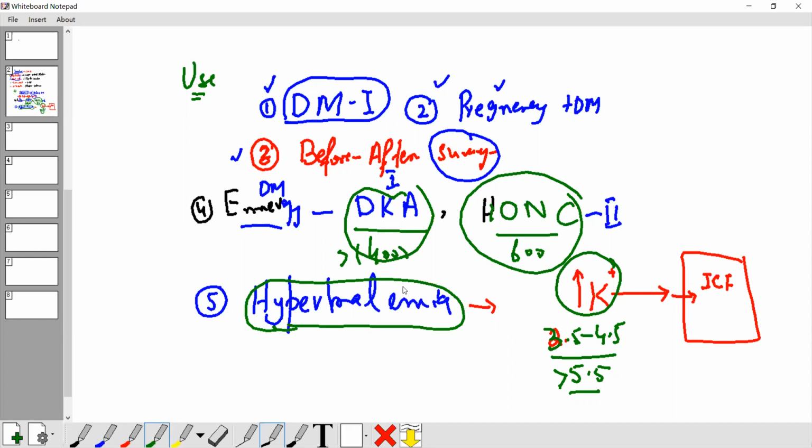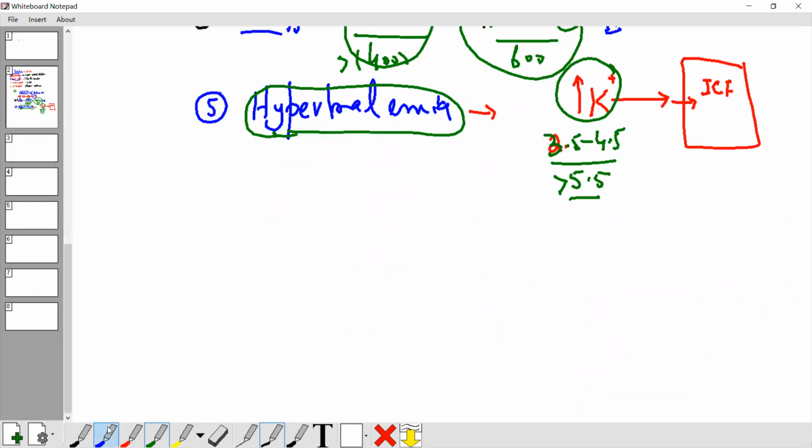For hyperkalemia, we can use insulin. So what is the route of insulin? How do we use insulin? Insulin we mostly inject subcutaneously. Can we take insulin orally? It's not possible orally.